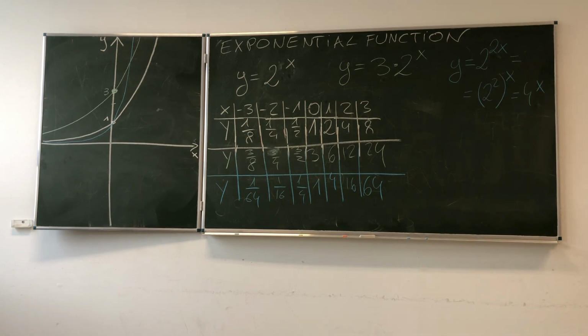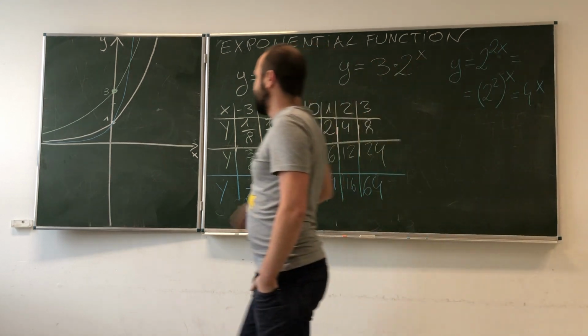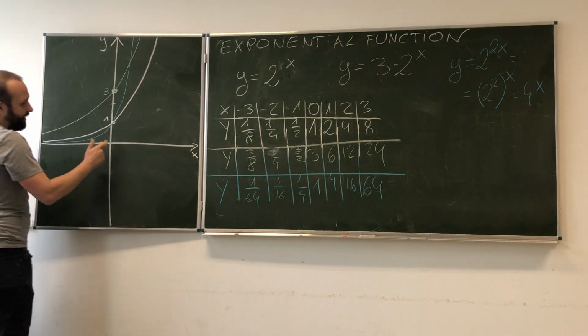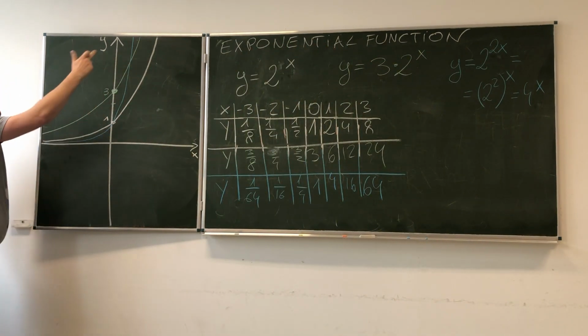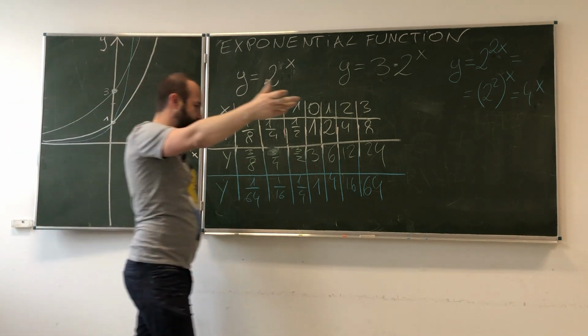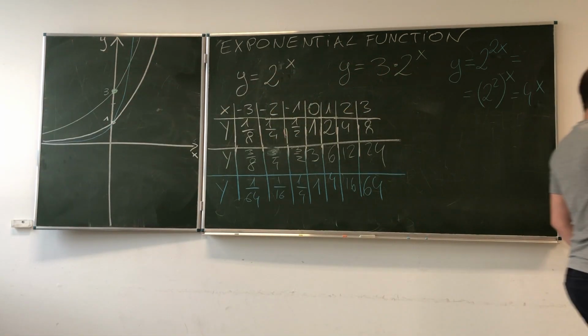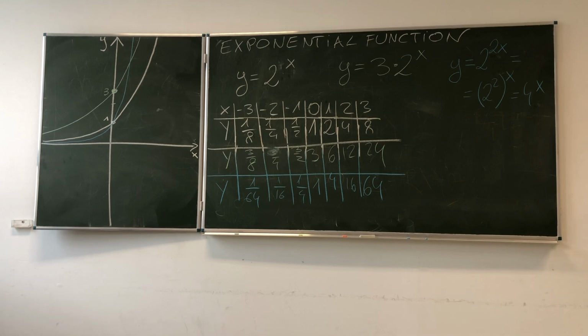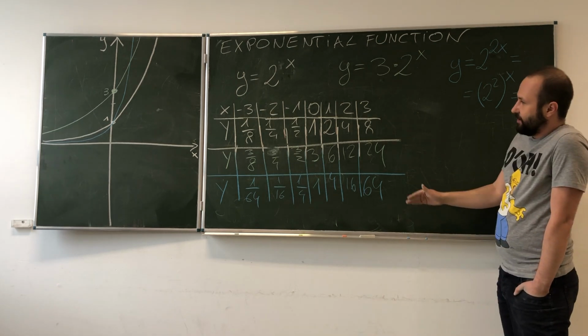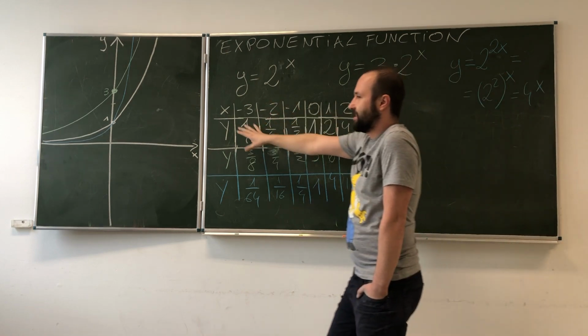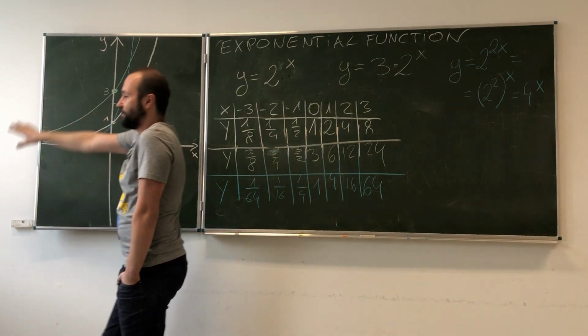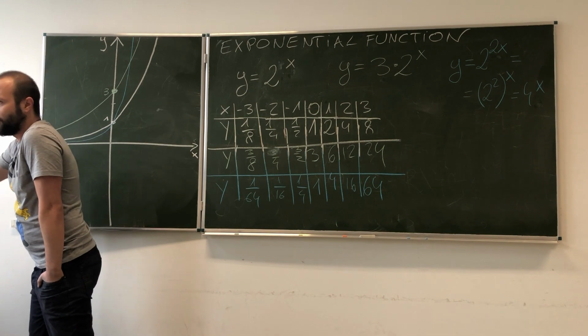We also discussed that this function is working in such a way that it grows faster and faster and faster and faster. But now, what is happening when we move into negative infinity? And look, when we move to negative infinity, we see that those values are getting smaller and smaller and smaller and smaller. But will they reach 0?